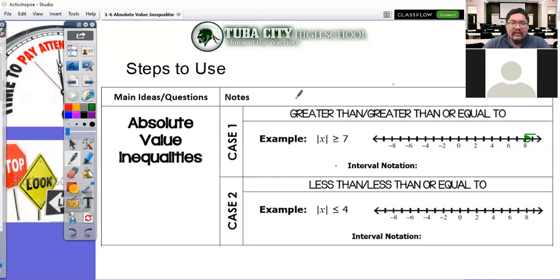Well, what if we were to pick negative 8? The absolute value would turn that into a positive, so I'd get positive 8 is greater than 7. So actually, negative 8 would also be a solution.